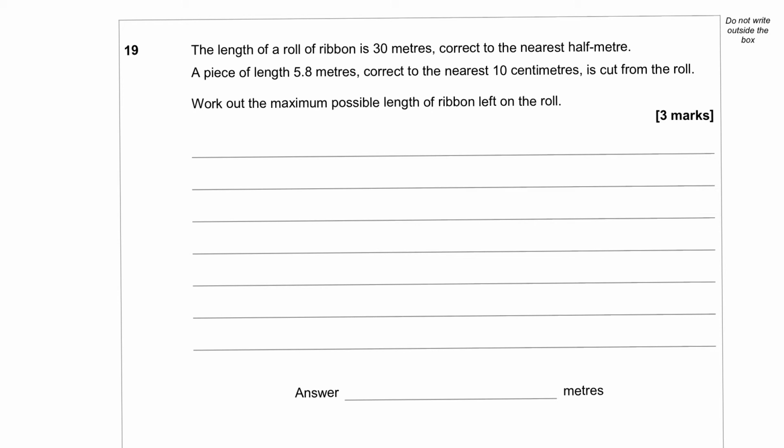Well, let's break this down. First off, the length of the ribbon is 30 meters, correct to the nearest half meter, aka 0.5 meters. So we need to work out the maximum and minimum length of the roll.